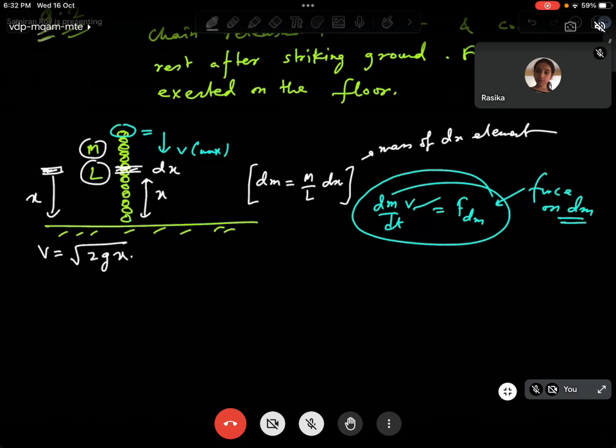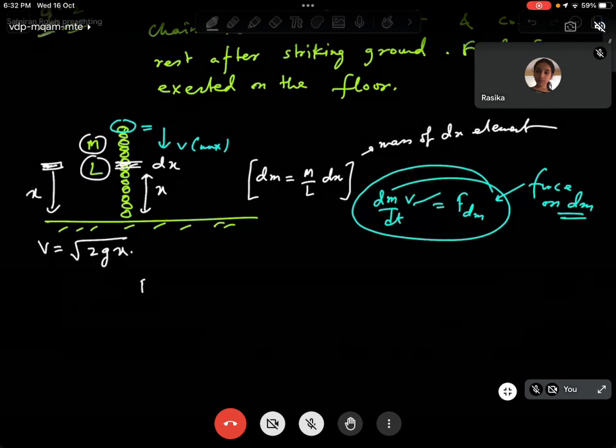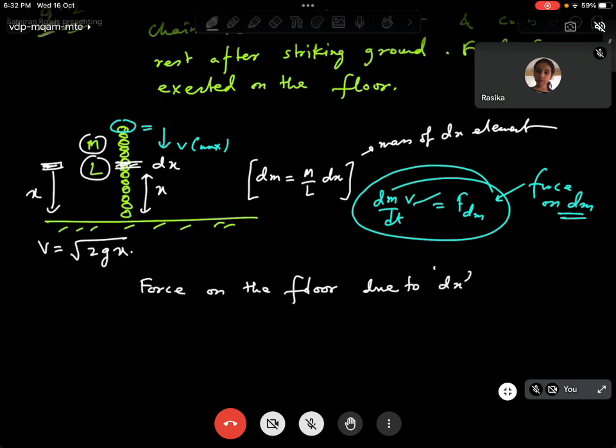Yes or no? So the force on the floor due to the dx element: when it falls with some velocity, it comes to rest because of that force.